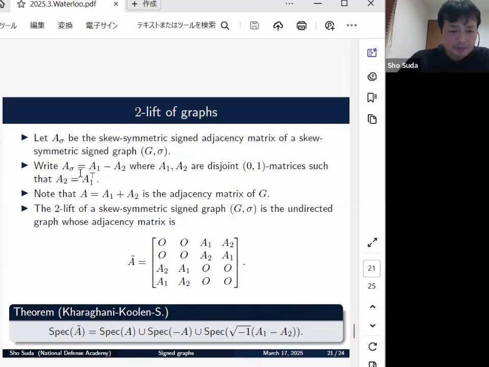And this A1 minus A2 is a skew-symmetric matrix with real-valued entries, so all of its eigenvalues are purely square root of minus 1 times a real number. So if we multiply by this value, the eigenvalues belonging to this set become real. So spec A tilde can be written this way.